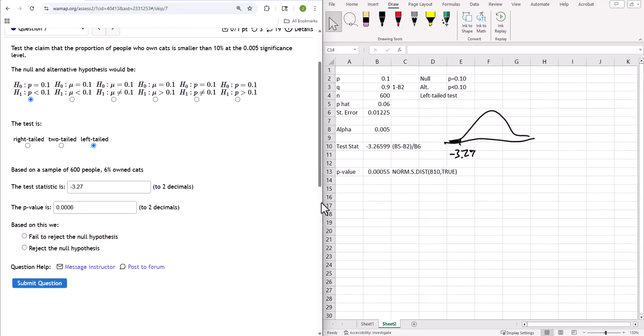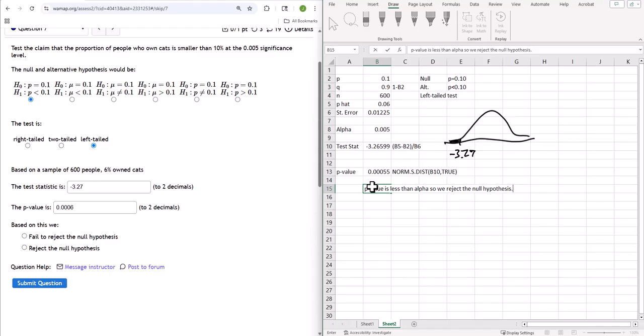So now in making our decision, we have to see if this p-value is less than our alpha here, and our p-value, there's an extra 0 in here. So our p-value is less than alpha, so we reject the null hypothesis.